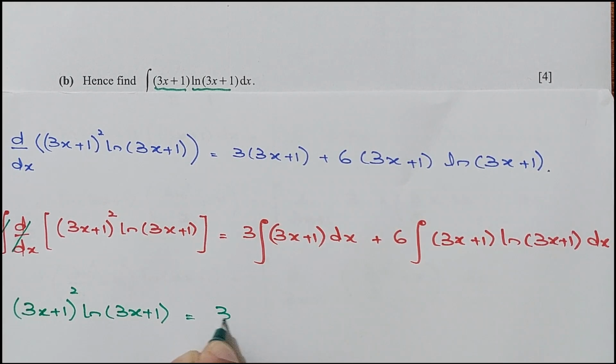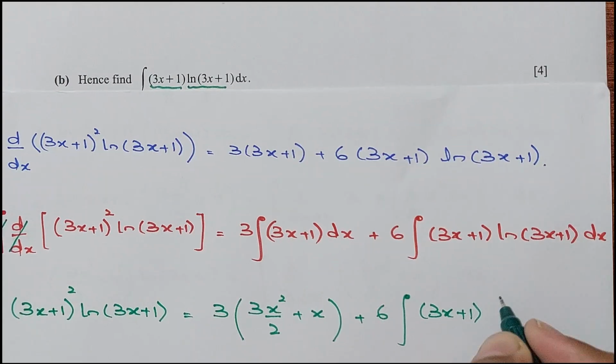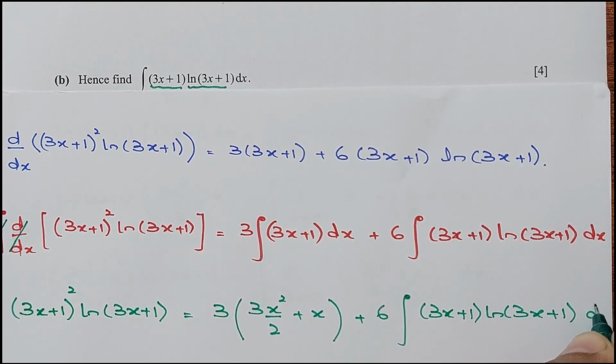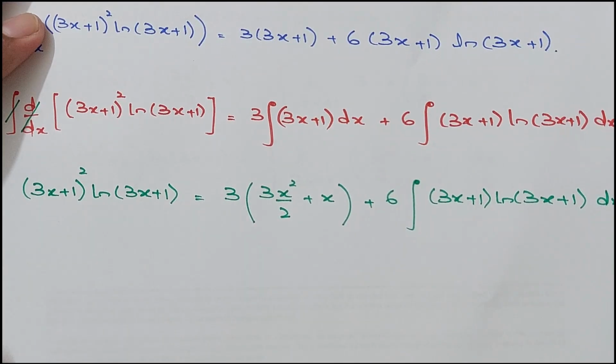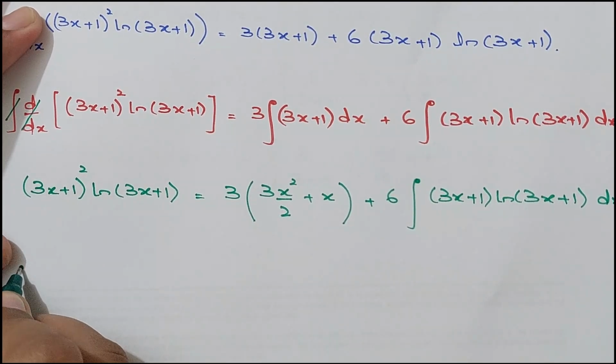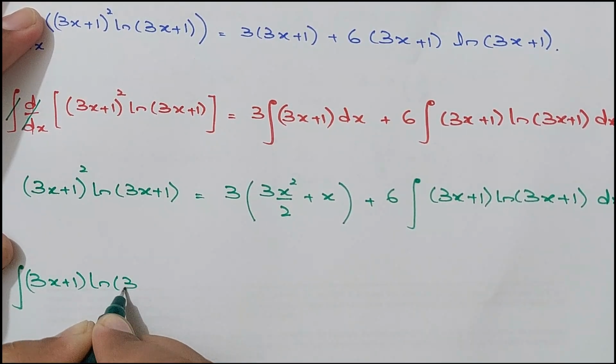This is equal to 3 integration of 3, x is x square by 2 and 1 is just x, plus 6 and integration of this function 3x plus 1 into ln of 3x plus 1 dx, right? Let me shift this term to the other side.